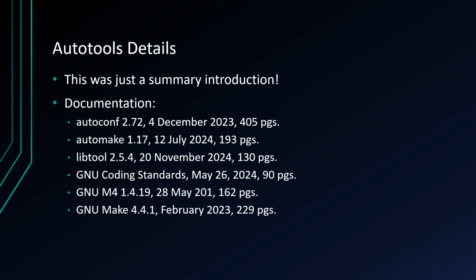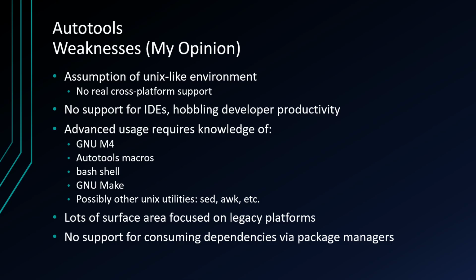So if you get into an advanced scenario, you pretty much end up having to at least skim through these various things at one time or another. So that's a lot of stuff.